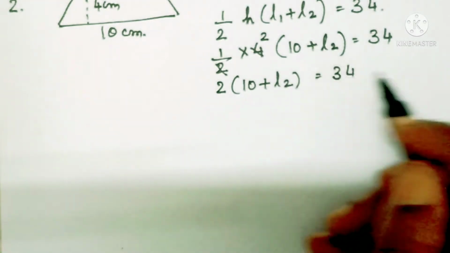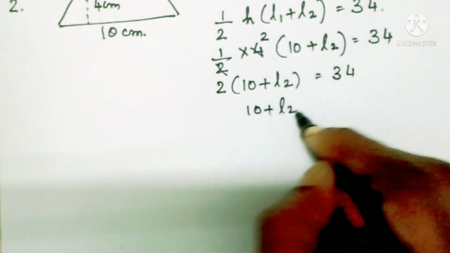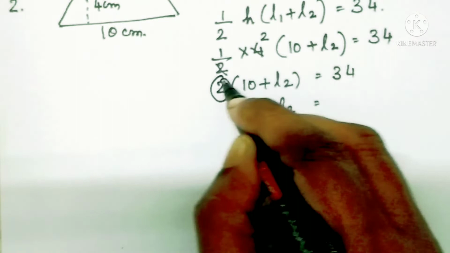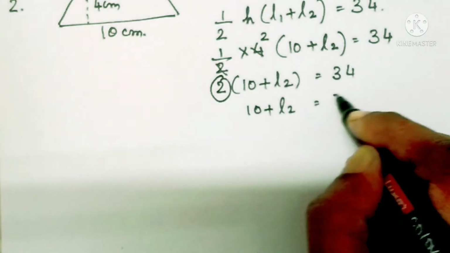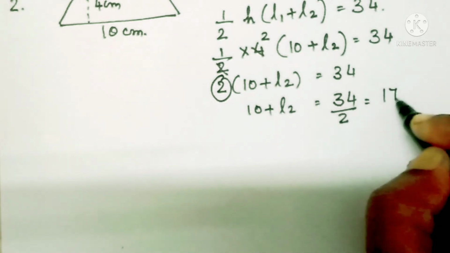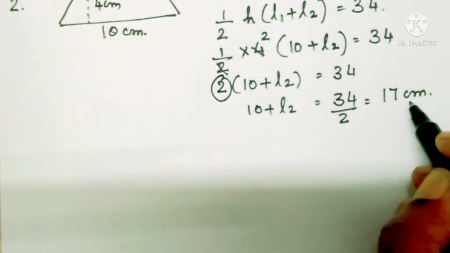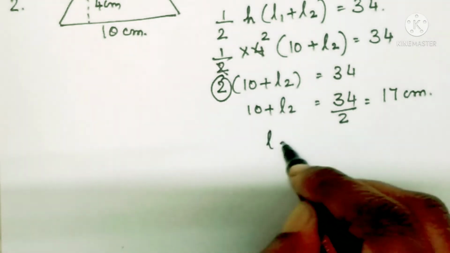So using solving equation, see how will you do? 10 plus L2 is equal to, this 2 will go to the other side. So it will become 34 upon 2, which is equal to 17 centimeter. So if 10 plus L2 is 17 centimeter, what is L2?